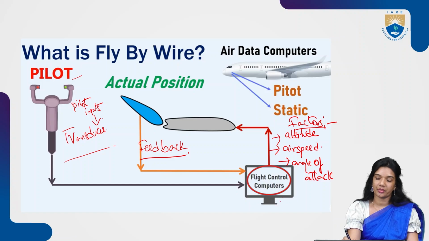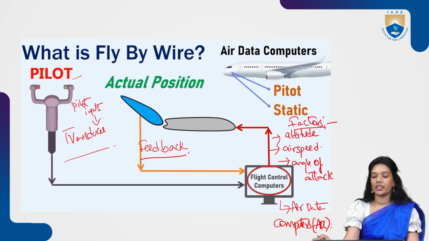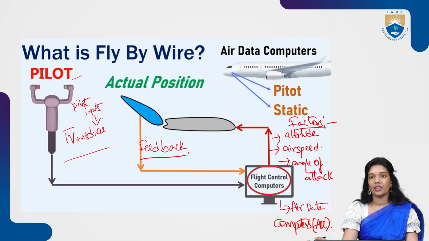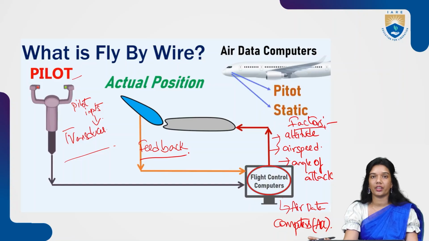Using the air data computers, ADC. From the air data computers and the pitot static systems, we take the information and cross-check whether everything is being done correctly or not.